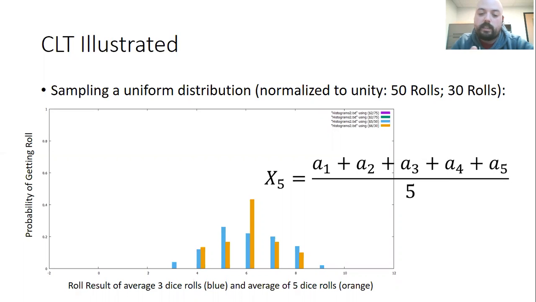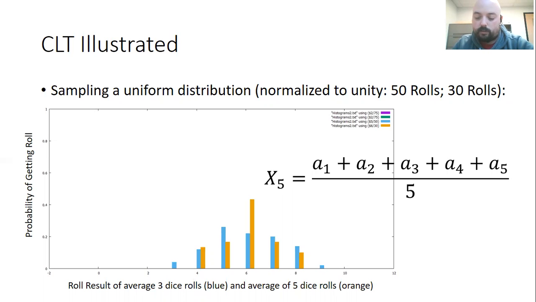So this isn't showing the amount of times that you see 3 occur as an average or 4 occur as an average. This is the number of averages that occur between 3 and 4, and 4 and 5, and 5 and 6, and 6 and 7, and so on and so forth, until we've exhausted all of the possibilities. And so this is the sort of histogram that we're producing.